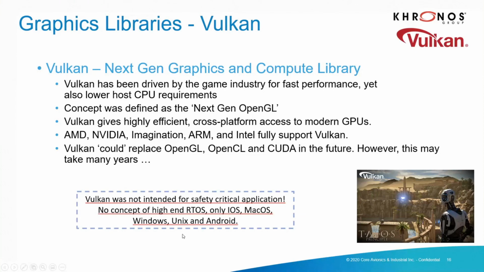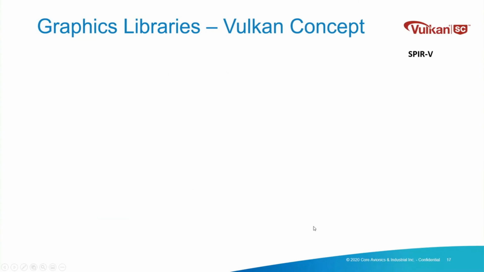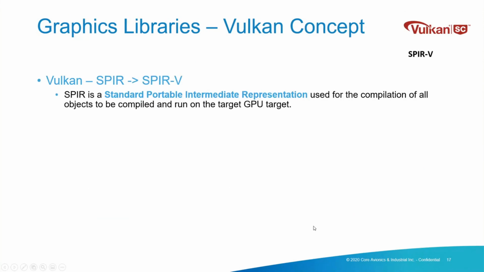The key thing about Vulkan, as with OpenGL, is that it wasn't intended for safety critical applications. It has no concept of high-end RTOS like we know about, for example, Integrity, VxWorks, and so on. We talked about SPIR before. The new Vulkan has a new standard portable intermediate representation called SPIR-V, SPIR for Vulkan.